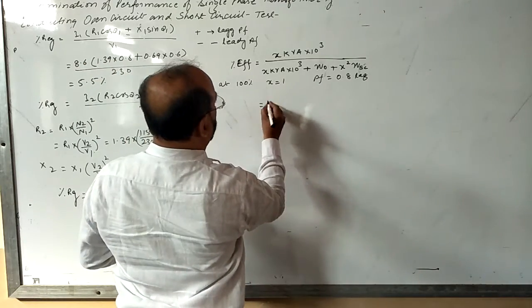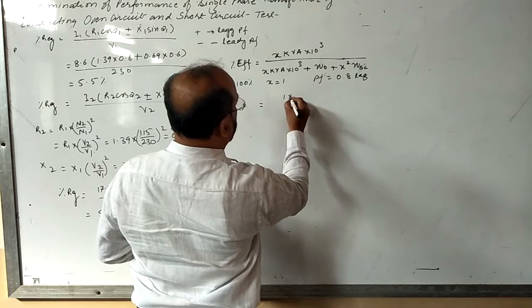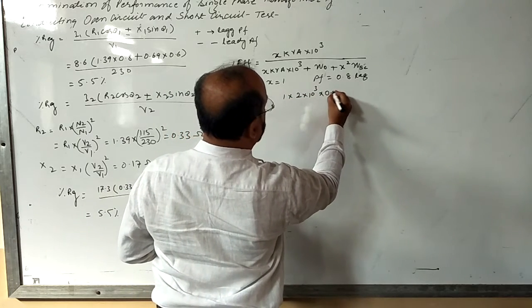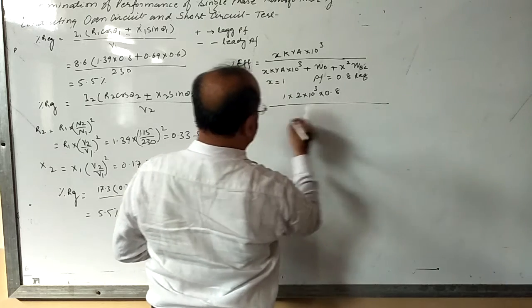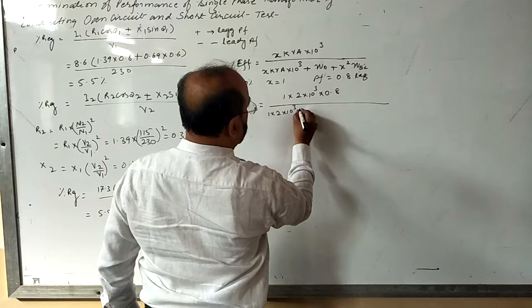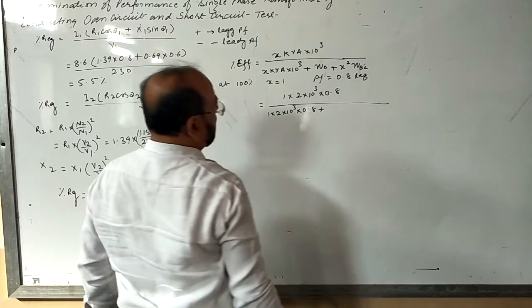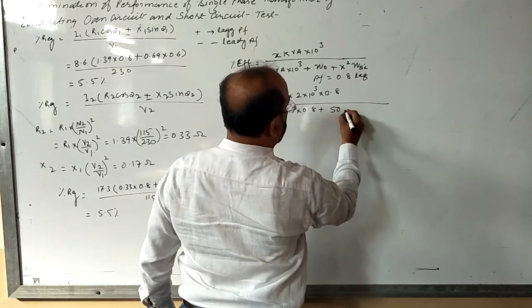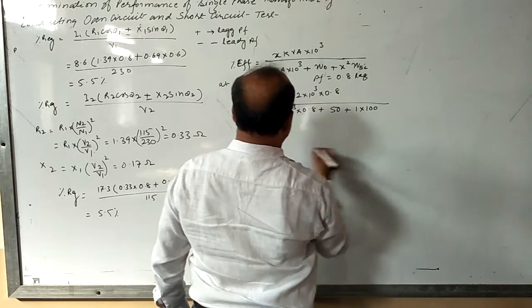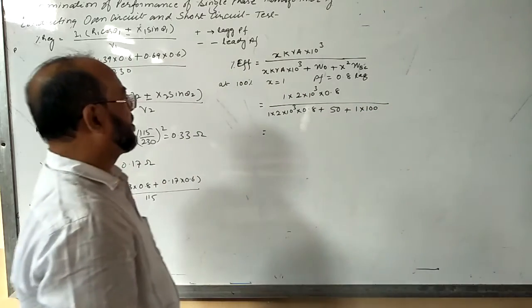Therefore, x is 1 into 2 kVA into 10 raised to 3 multiplied by the 0.8 power factor. This is the output, and output plus losses, so 2 into 10 raised to 3 into 0.8, plus W0 is 50, plus x square is 1 multiplied by 100, so it will give the efficiency at 100% load.